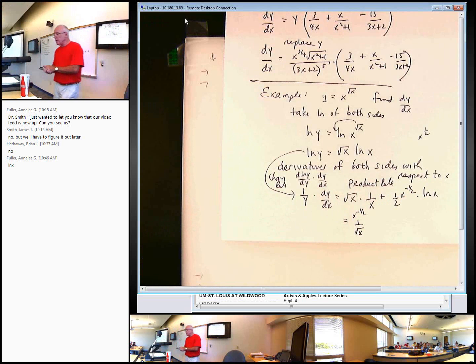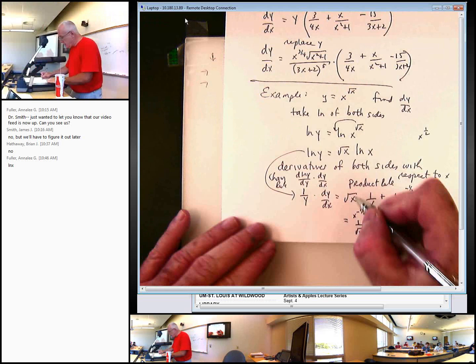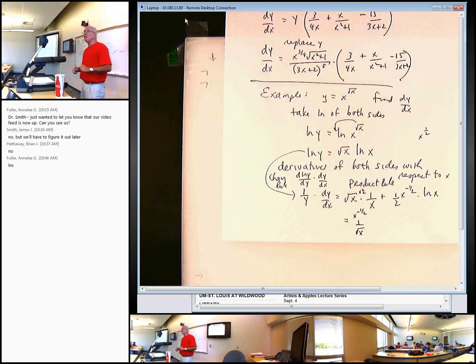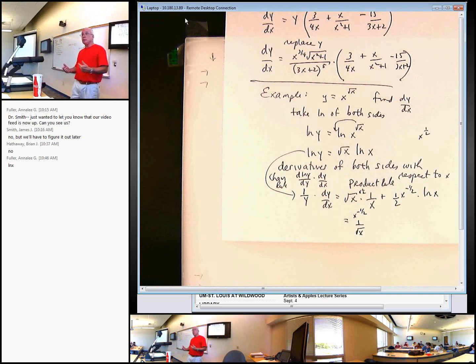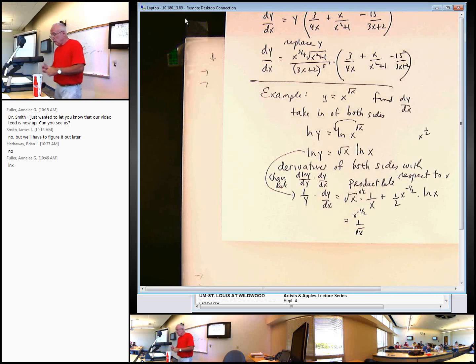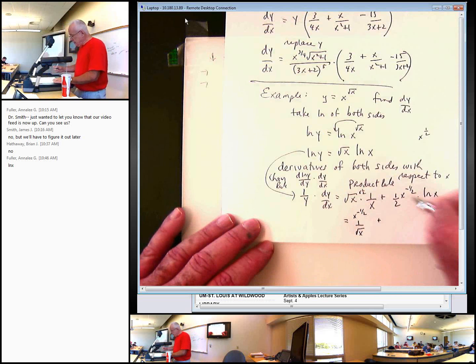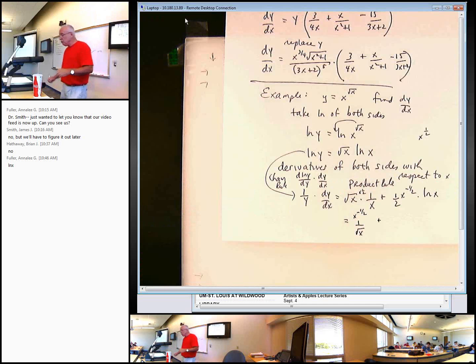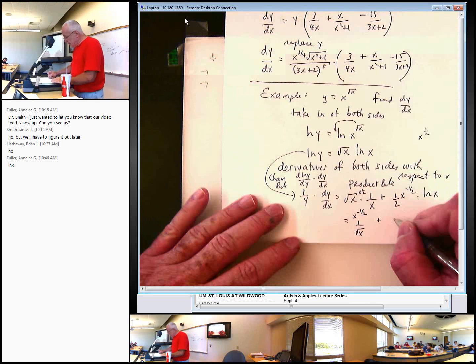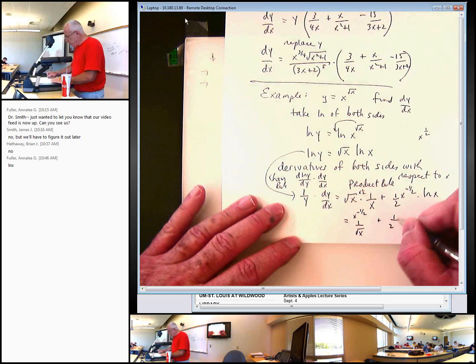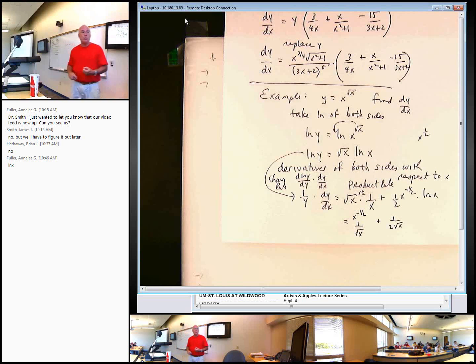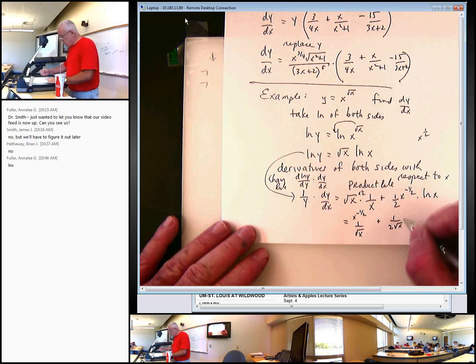Just using the rules of exponents, because this is x to the 1/2 power divided by x to the first power. You subtract the exponents to get x to the negative 1/2 power. So that's our first term. And the other one, I could also write as 1 over 2 square root of x, or x to the 1/2 power in the denominator, times the natural log of x.